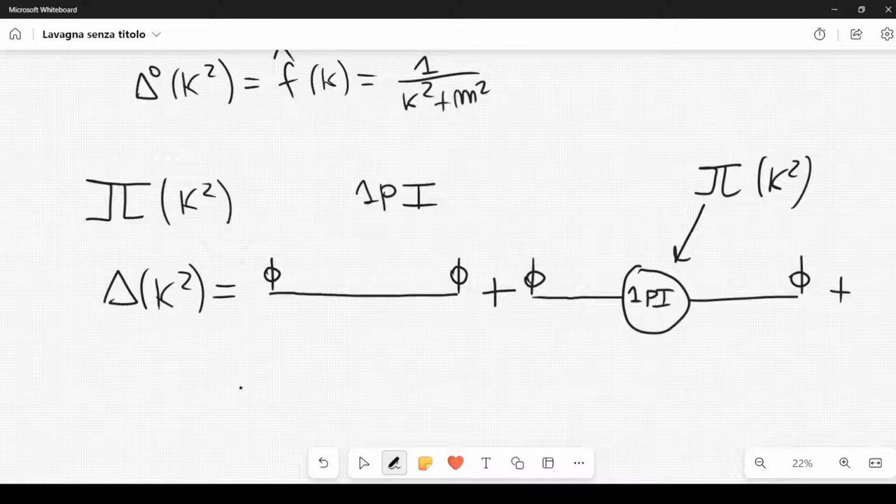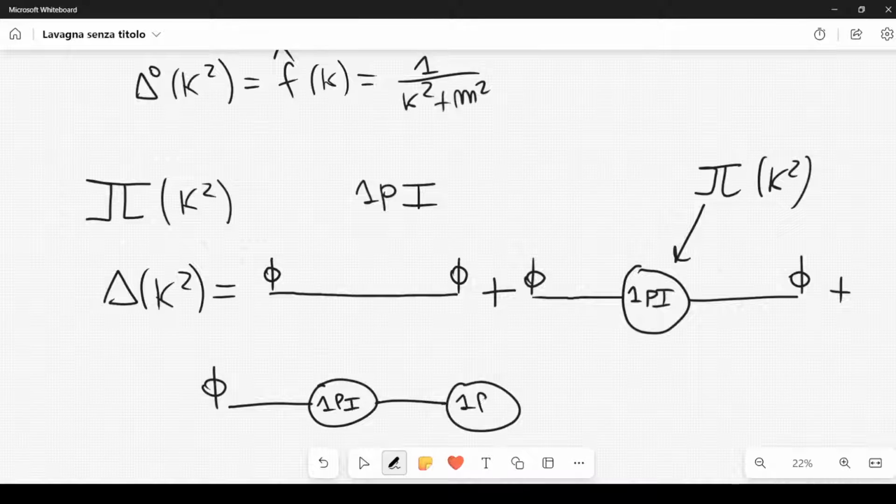And then the other higher order terms are phi, 1PI, 1PI, phi, and you get the idea, right? So all the other contributions are given by more and more one particle irreducible graphs.